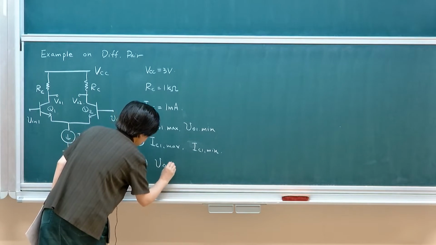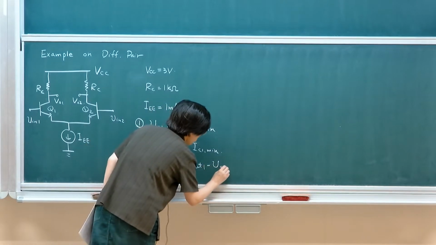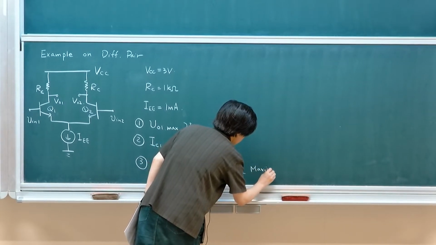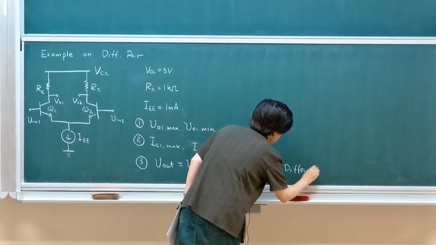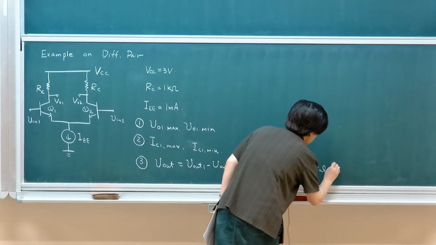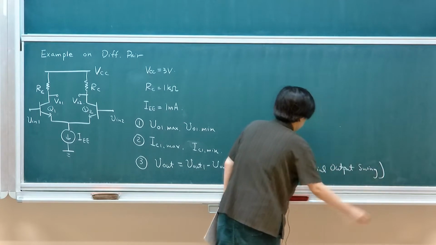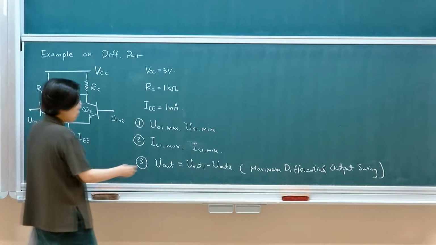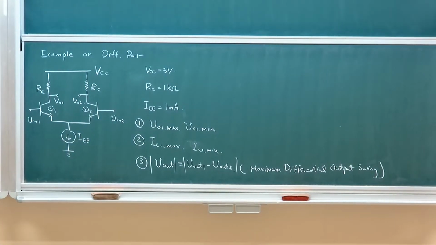Let's define VL as VL1 minus VL2. What is the maximum output swing, the maximum difference between the two? Typically, if we talk about maximum swings, you only look at the absolute value because it's just the magnitude of the margin of the output.